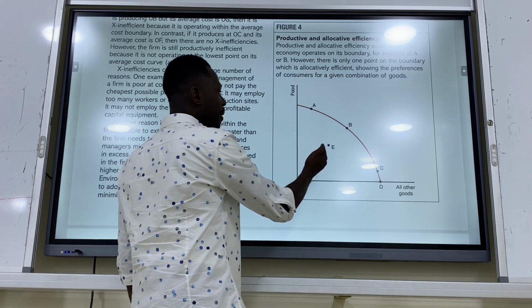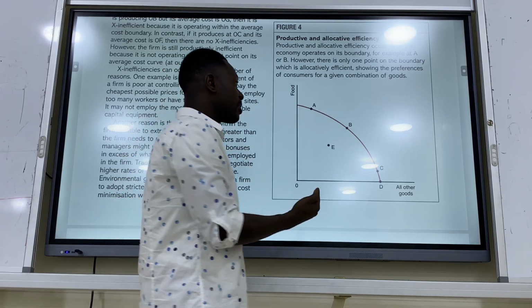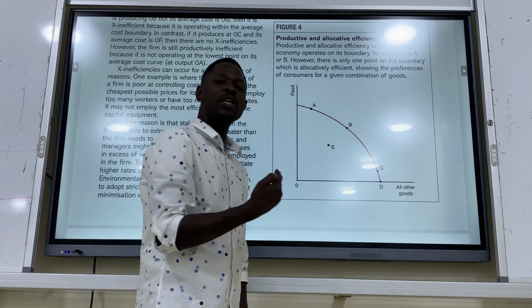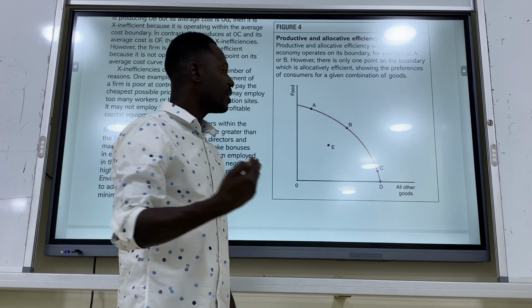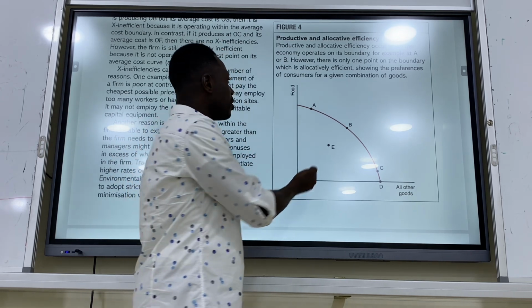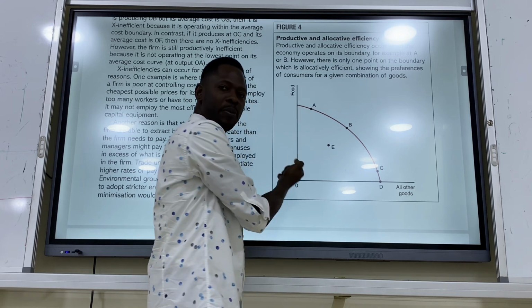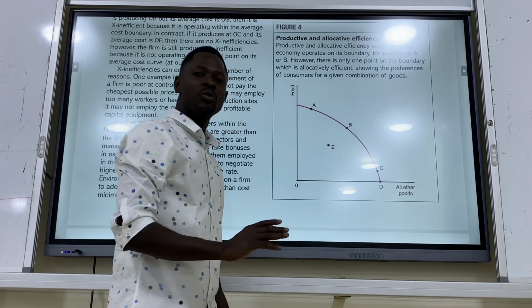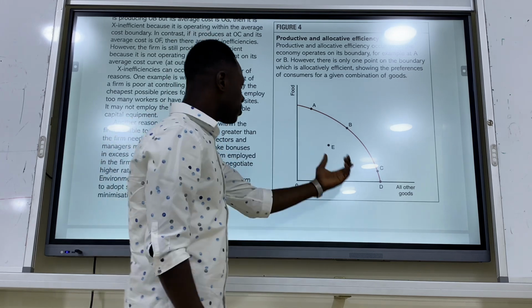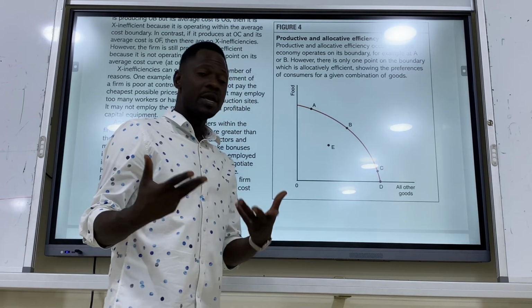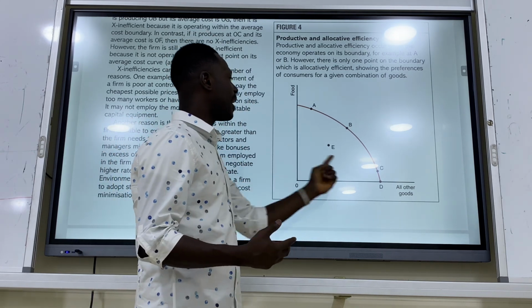Point E is inefficient because the economy is not fully utilizing its resources. However, it's still certain that all other goods are being produced and food is also being produced. So this will still satisfy consumers because consumers will still be able to consume food and all other goods.